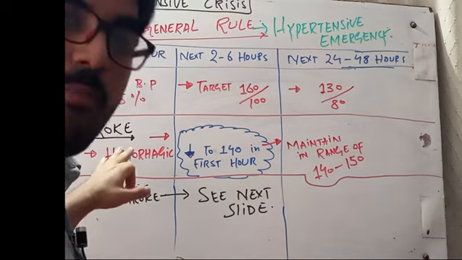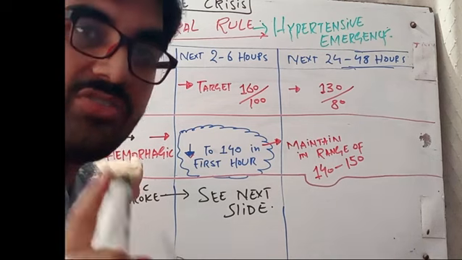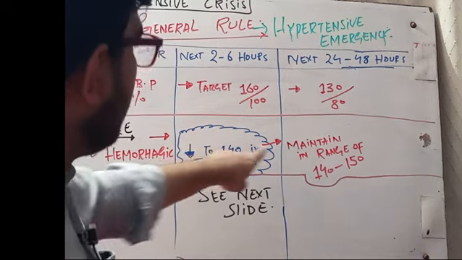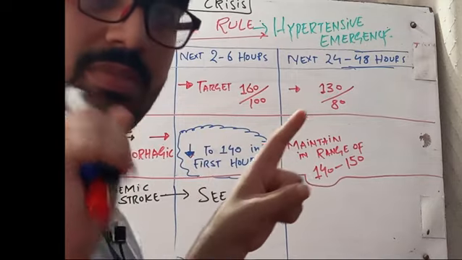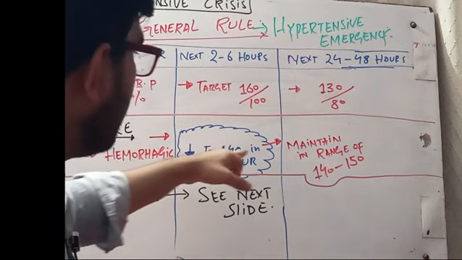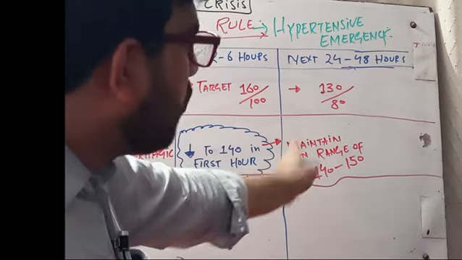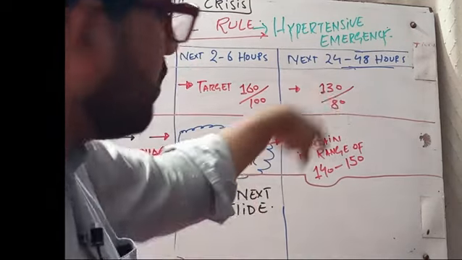So if the stroke is hemorrhagic or there is a large intracranial hematoma, you should decrease the BP to 140 in the first hour. The systolic BP should be lowered to 140 in the first hour and maintained in the range of 140 to 150. Why?